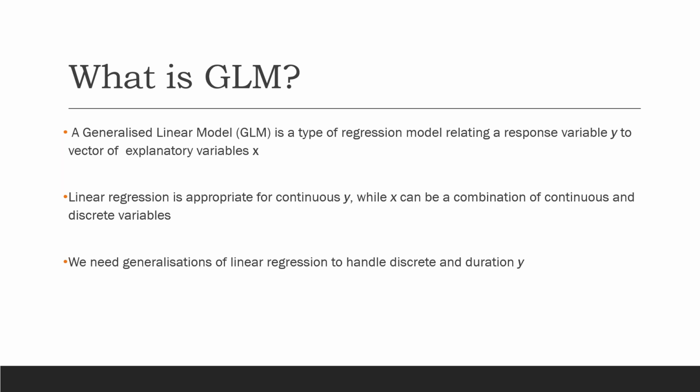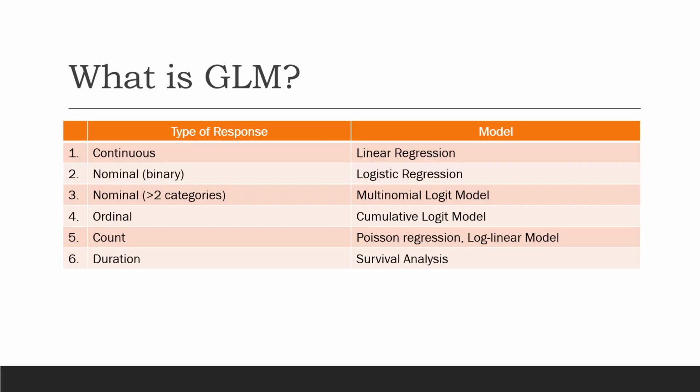So, which is why there's a need for generalized linear models that can handle variables which give discrete values, duration values, and of course GLMs also incorporate continuous variables. So before we delve into the details of GLM, let us look at a summary of how different types of responses and what models can be used for modeling them.